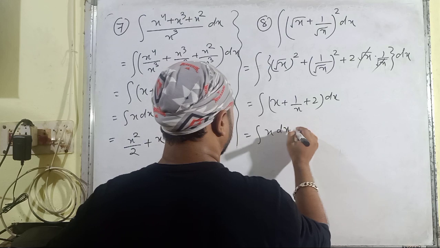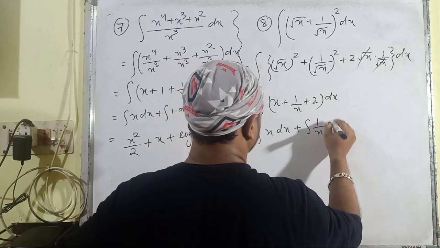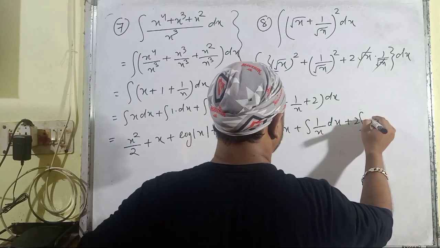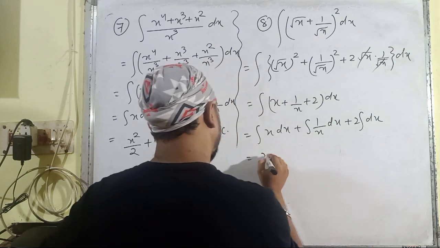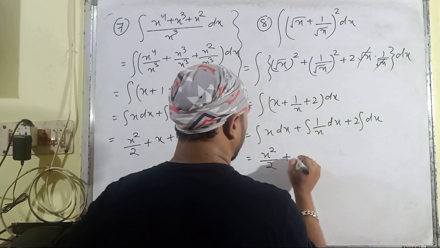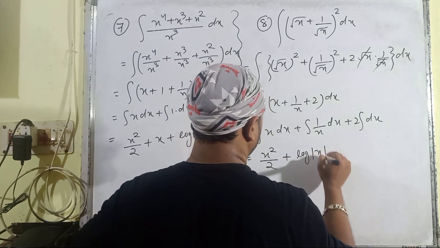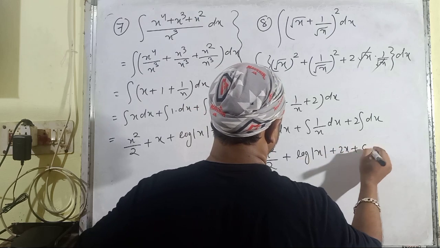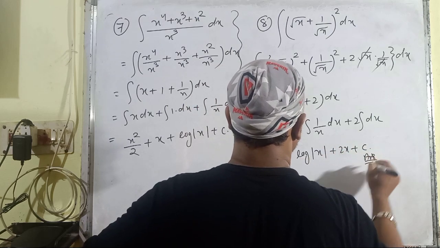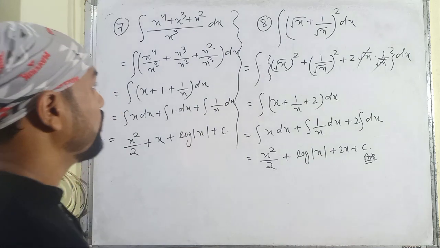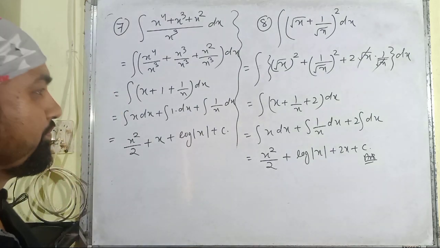Integral of x dx plus integral of 1 upon x dx plus 2 multiplied with integral of dx. Then it will be x square divided by 2 plus log modulus of x plus 2x plus any constant c, and this will be the answer for problem number 8.